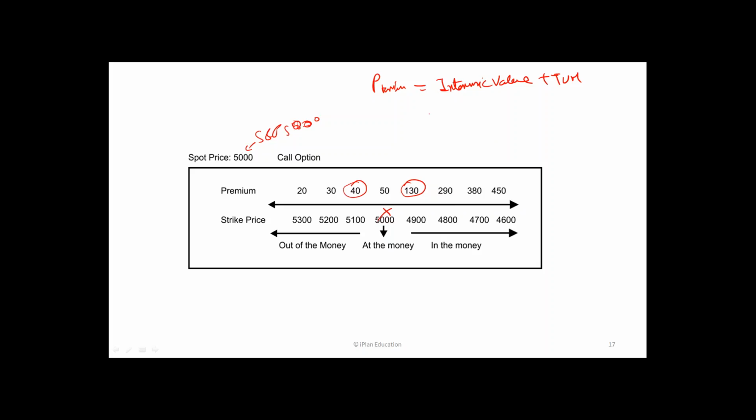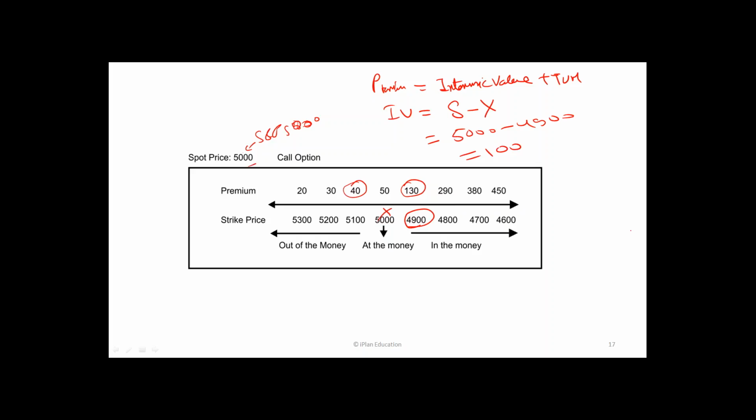I'm writing the short form. Intrinsic value is the spot minus strike price in the case of a call option. Now, let's suppose for a 4,900 strike price, what will be my intrinsic value? So spot is 5,000 and exercise is 4,900. So 100 is my intrinsic value.